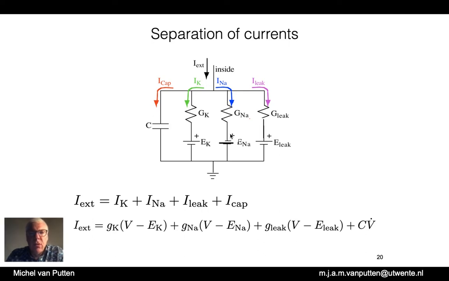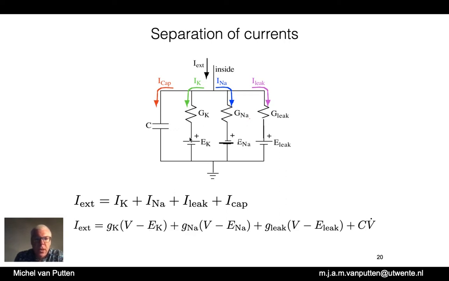Now, as a recap, we can write the external current as the sum of all the currents in the circuits, shown here, the potassium, the sodium, the leak, and the capacitive current, and that can also be expressed in this way. This is basically Ohm's law, the conductance times the voltage difference across the component at hand.